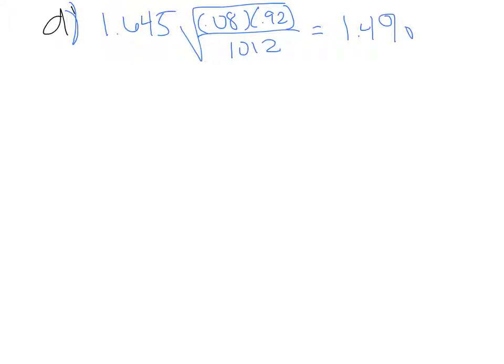So that's exactly what we said. It would be smaller. Your z-score is smaller, which produces a smaller margin of error because I don't have to be as confident.